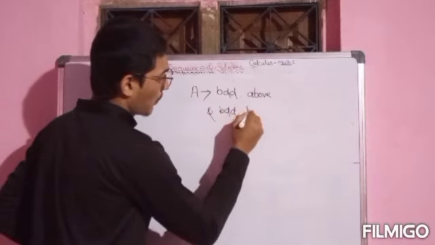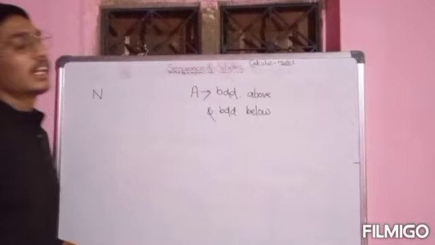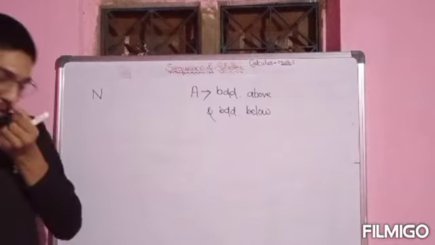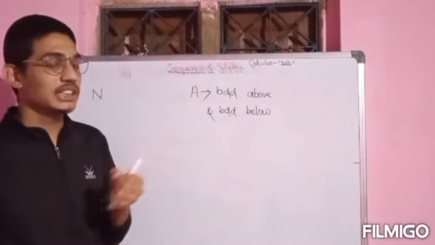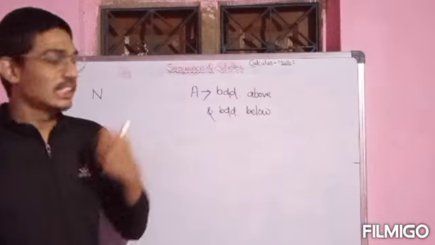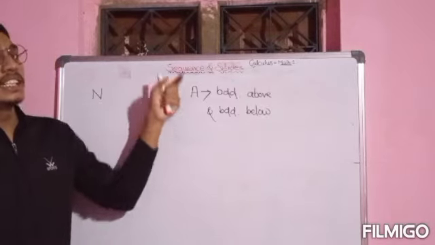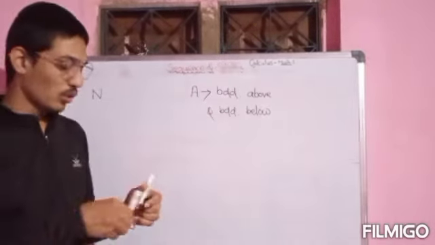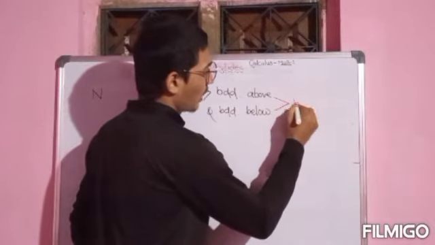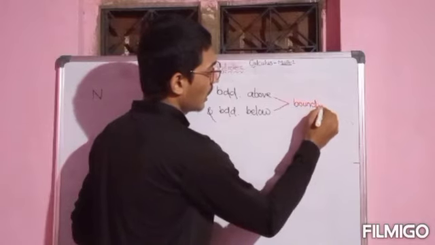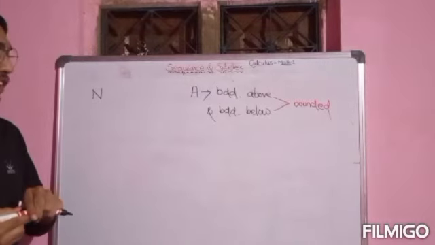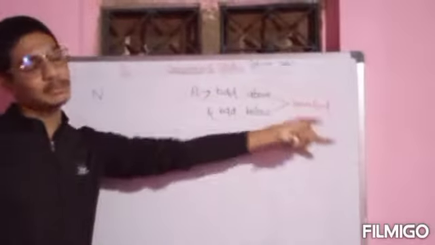Suppose, as we solved in 12th class, if the left hand limit of a function exists and the right hand limit of a function exists, then only we can say the limit of the function exists. Similarly, if a set is bounded above as well as bounded below, then I will call my set bounded. Simple, beta.